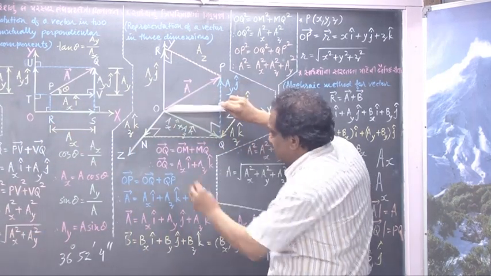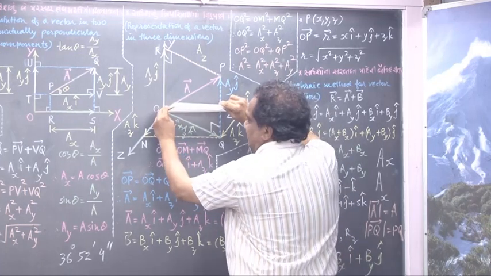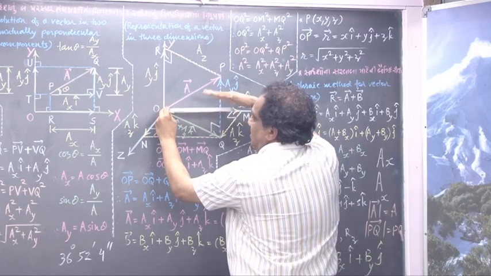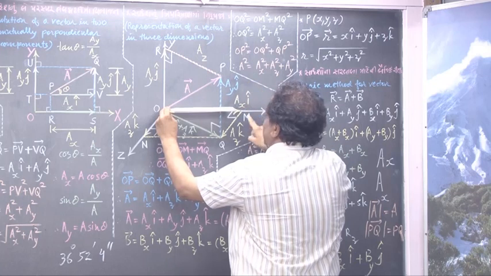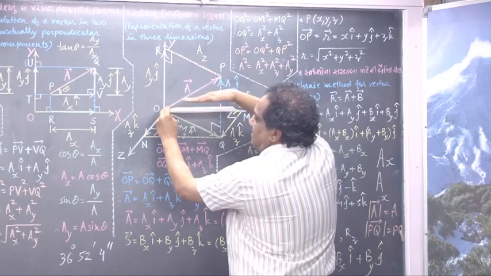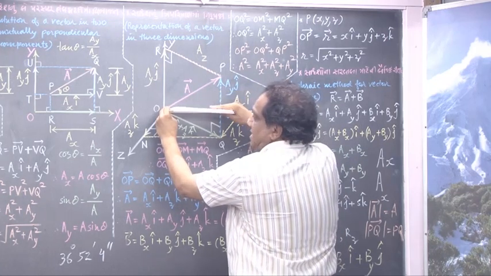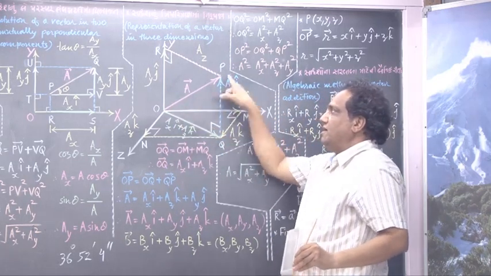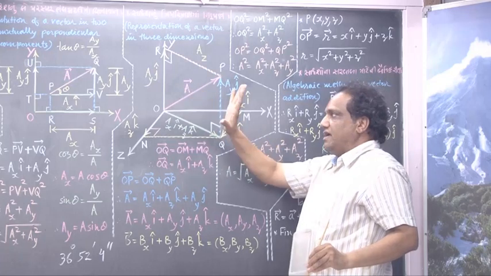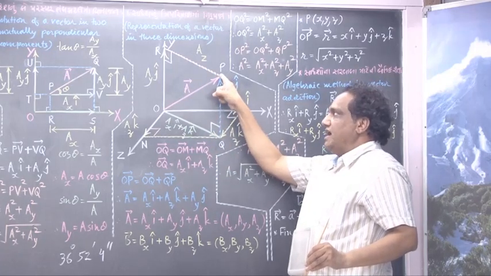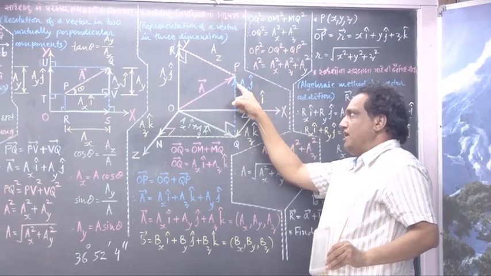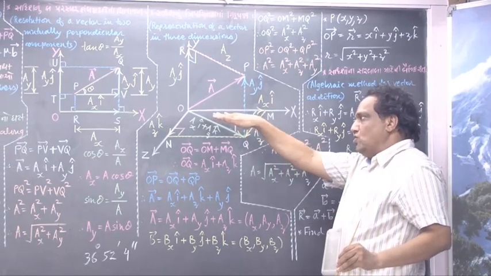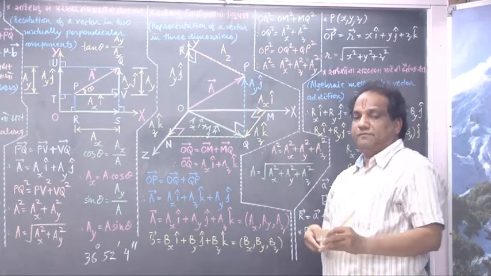Look, this is the z-axis, so this is a plane passing through the x-axis and z-axis. Correct? Now think of this vector OP. Suppose it is vector A. Now from this head, I draw one perpendicular onto the xz plane.